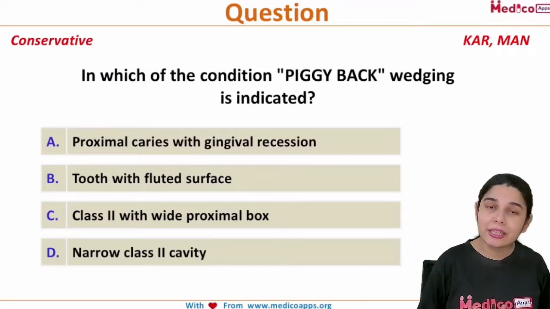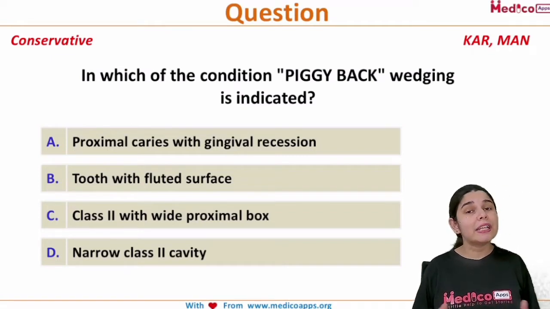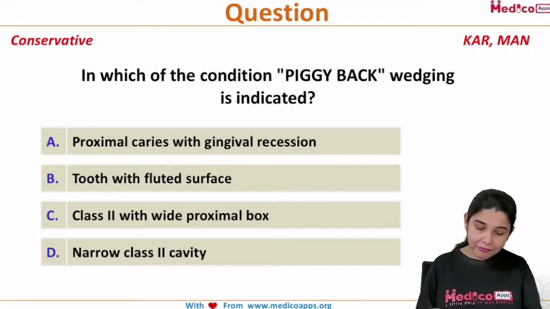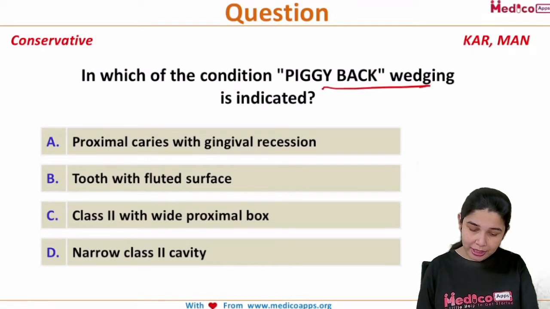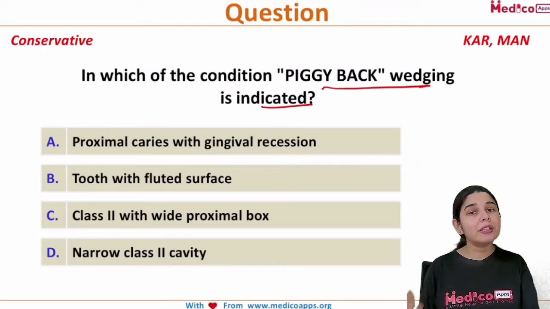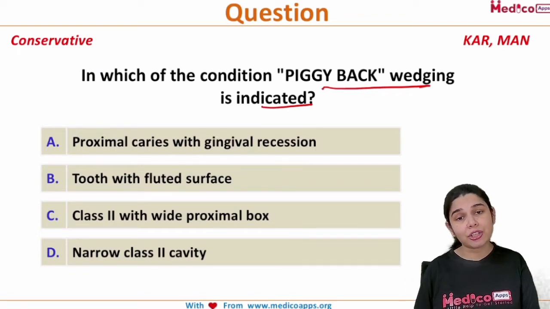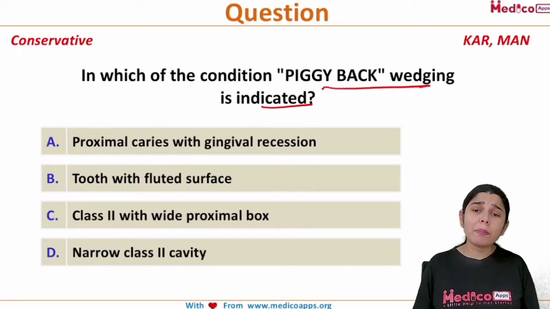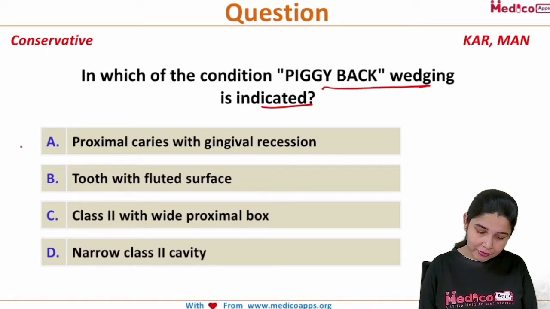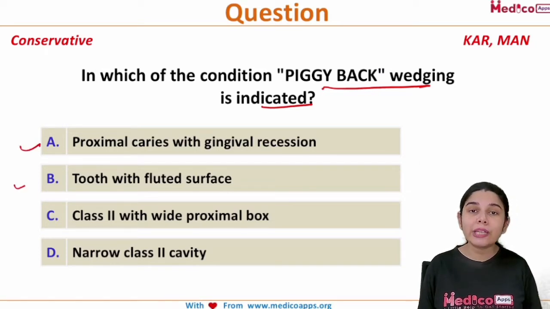The question states: in which condition is the piggyback wedging technique indicated? That means the indication of the piggyback wedging technique is asked here. Option A says proximal caries with gingival recession. Option B is tooth with fluted surfaces.